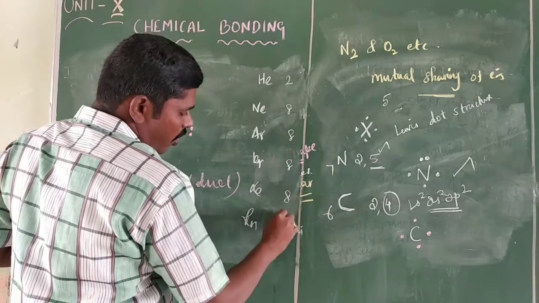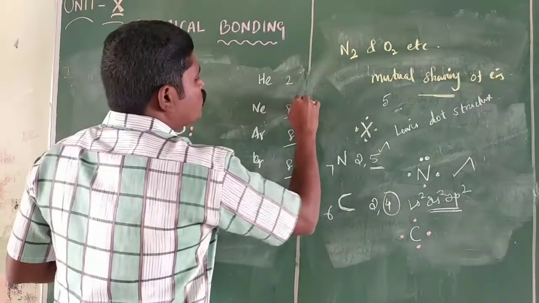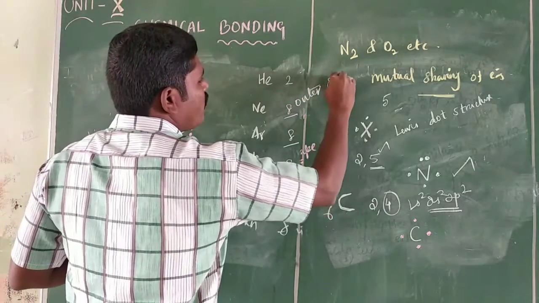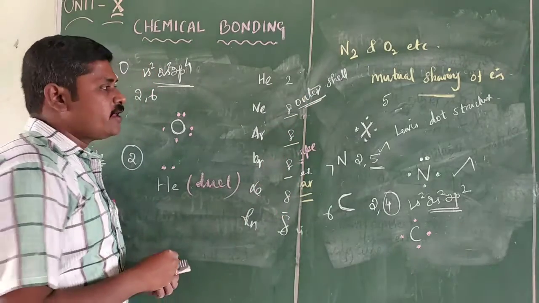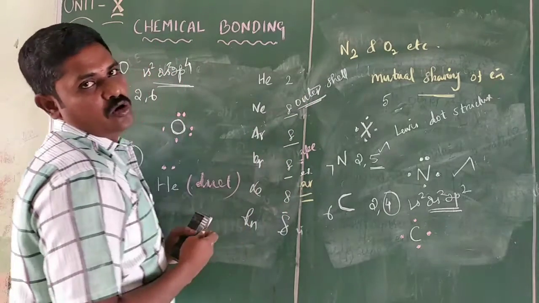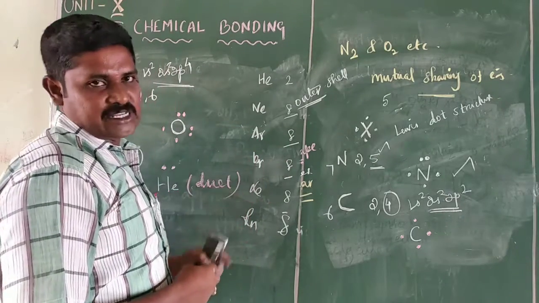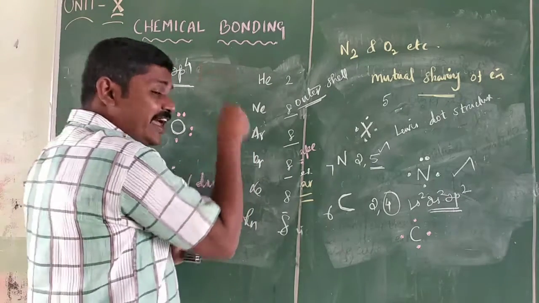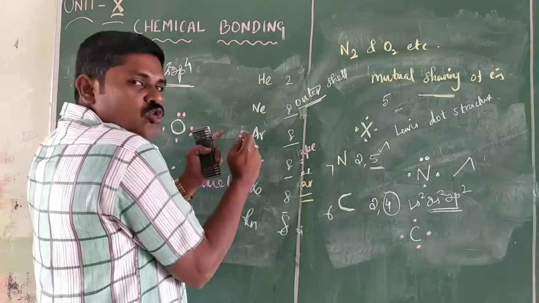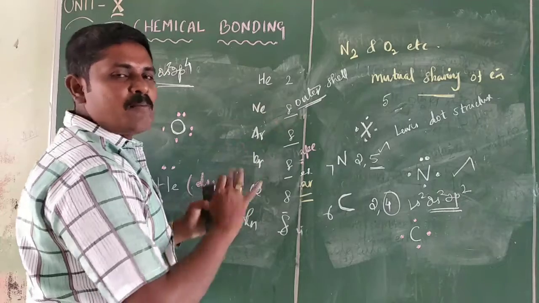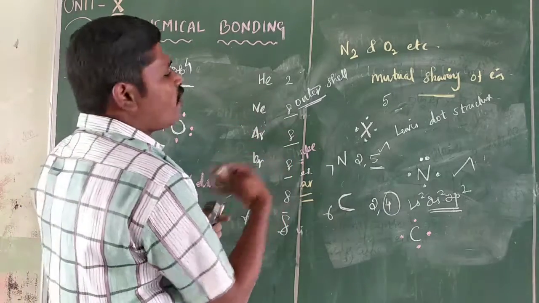So all the noble gases having 8 electrons in the outermost shell, right? So they obey the octet rule and are more stable. The elements other than noble gases try to attain the octet rule by losing or gaining or sharing of electrons.